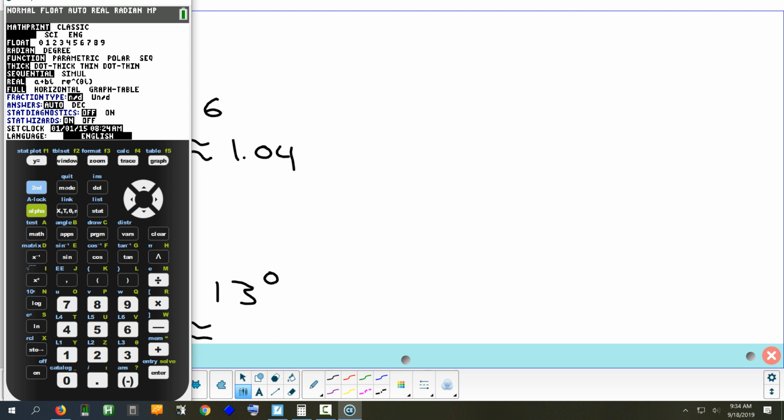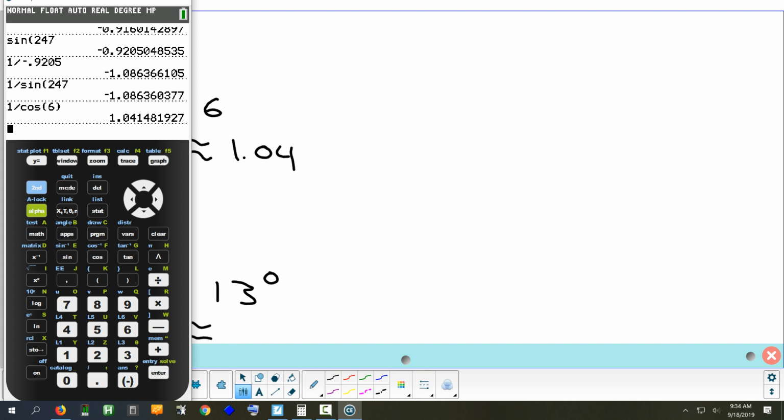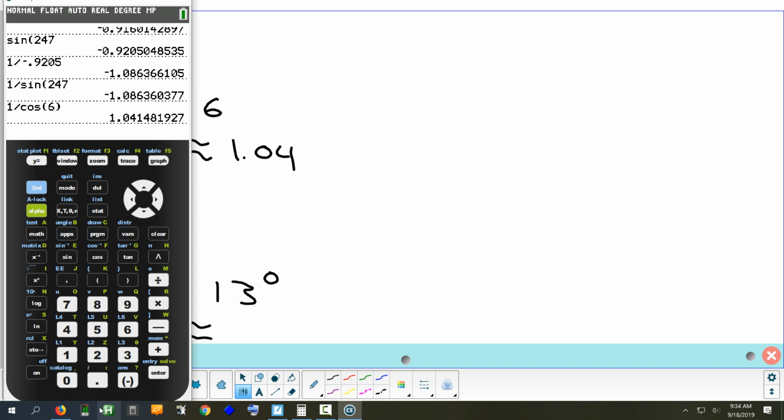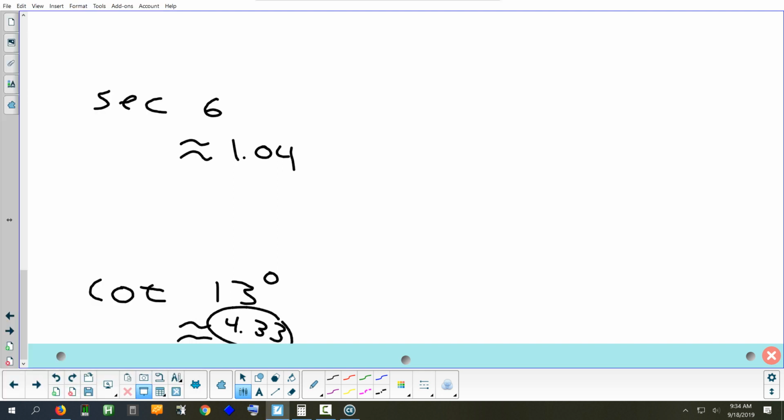So back to degrees. And which function do you use to find cotangent, since we don't have a button for it? Tangent, but then you have to flip it. So 1 divided by tangent is going to give you about 4.33. Any questions on that?